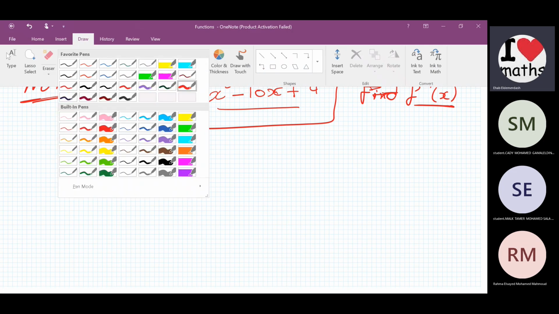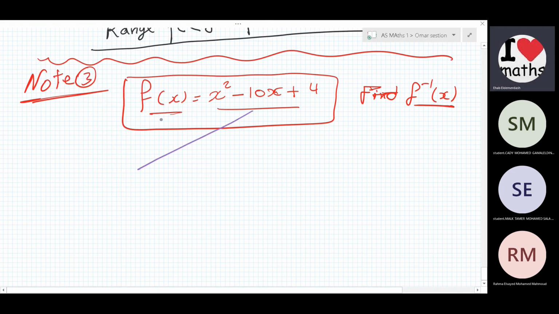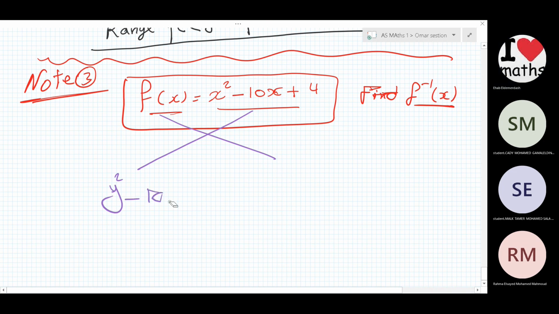What should I do? I will go by this way. And I will make it as y squared as usual يعني y squared minus 10y plus 4, this expression is equal to x.